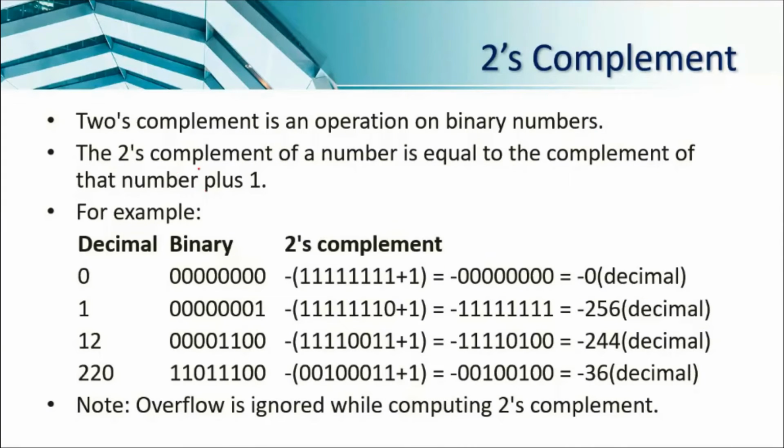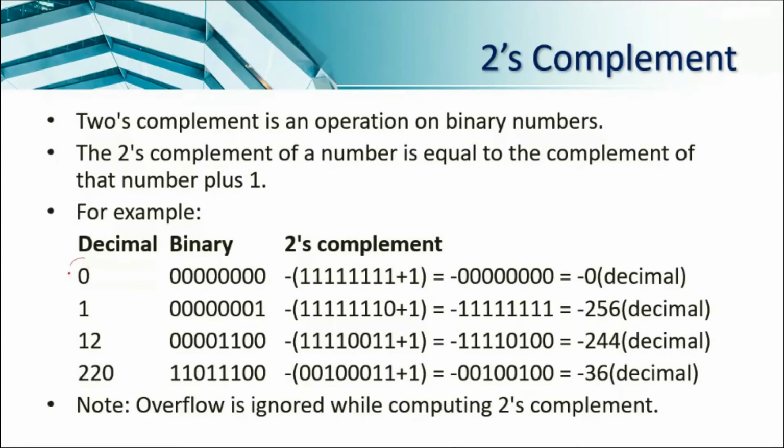The 2's complement of a number is equal to the complement of that number plus 1. That is, whenever we want to find the 2's complement, we first find the complement of that number, and then we add 1 to it. So let us see some examples.